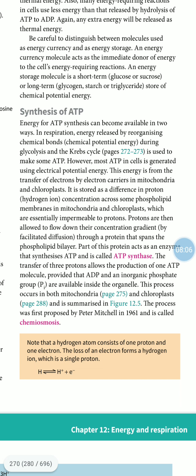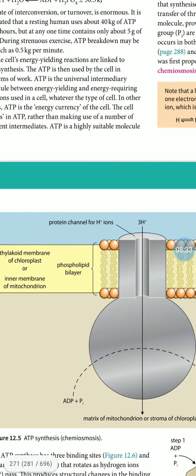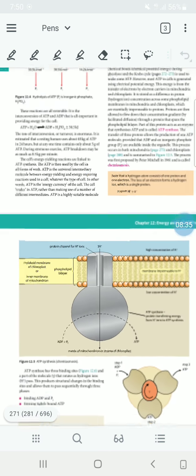It will produce ATP, and this process is known as chemiosmosis, and it was first proposed by Peter Mitchell. So here they have given the definition of an H plus ion, that is, hydrogen loses an electron to produce H plus. So now let's see how this chemiosmosis takes place.